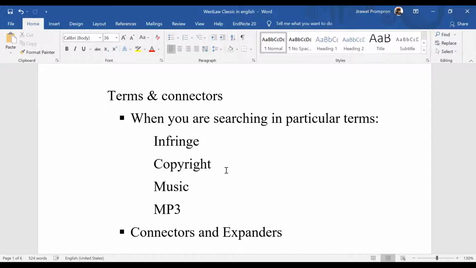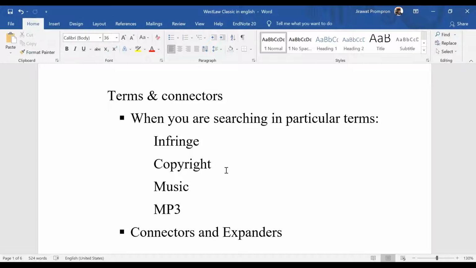So I want to know: do I infringe the copyright by transforming the file format from the original audio to MP3?